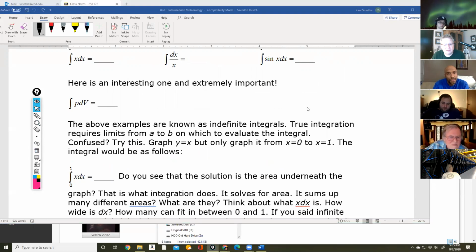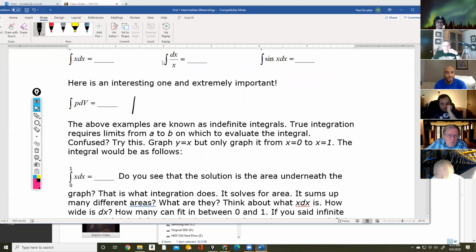You can replace, since P is equal to F over V, you can rewrite the equation so it's the integral of F over V dV. I looked it up, but okay, well, here's what you need to be thinking over here.